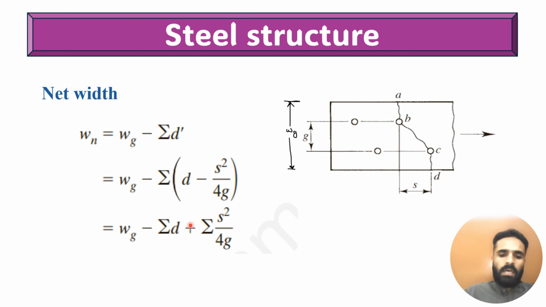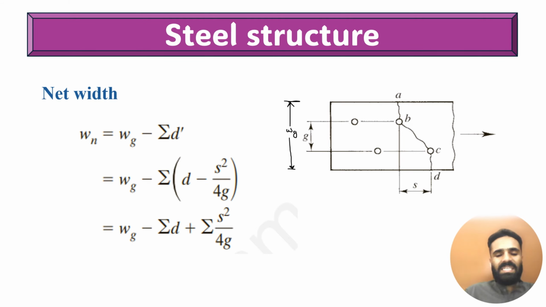So the net width will be the gross width minus summation d plus summation s squared divided by 4g.